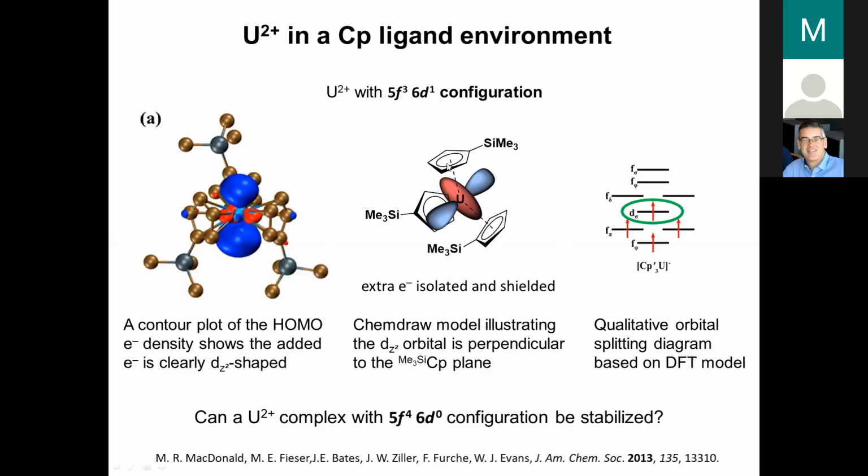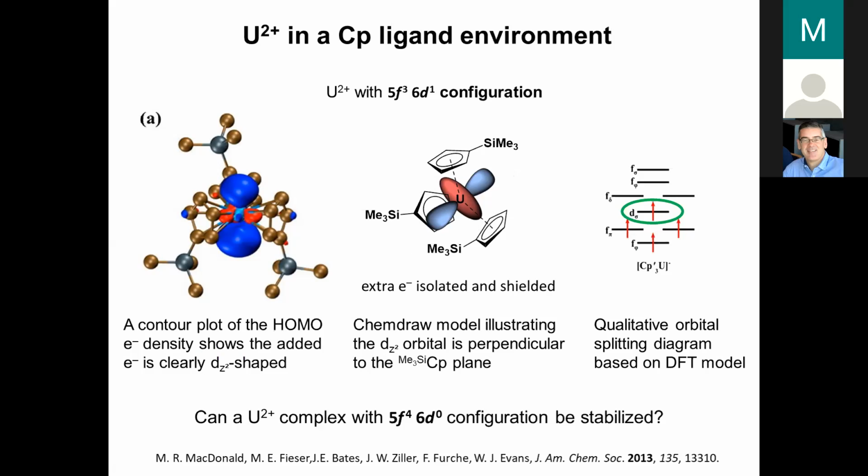So basically, we still have all three Cp ligands in one plane, and the dz-squared orbital is threaded between these, perfectly shielded from all directions, and not interacting with the ligand sphere at all, which basically isolates this electron. And to the surprise of the Evans group and basically everyone in the actinide community, this stabilizes this additional electron so much that the uranium(II) complex is actually pretty stable.